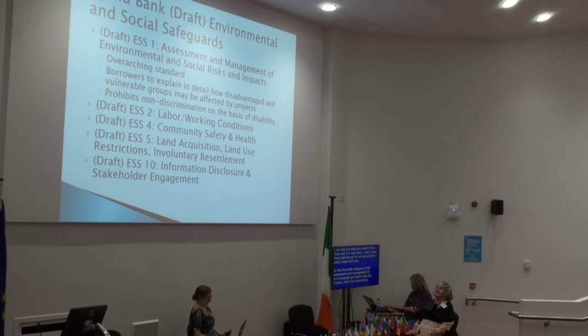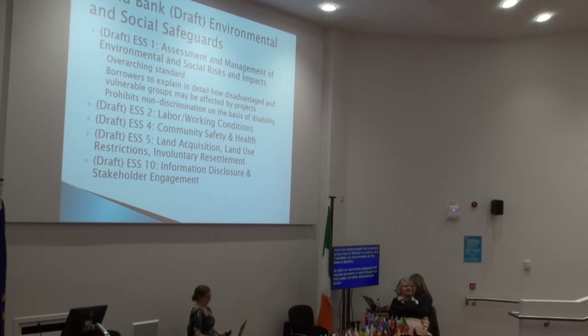Borrowers are to explain in detail how disadvantaged and vulnerable groups may be affected by projects, and it prohibits discrimination on the basis of disability. So that's an overarching safeguard that requires borrowers to work through how that project will affect disadvantaged groups.